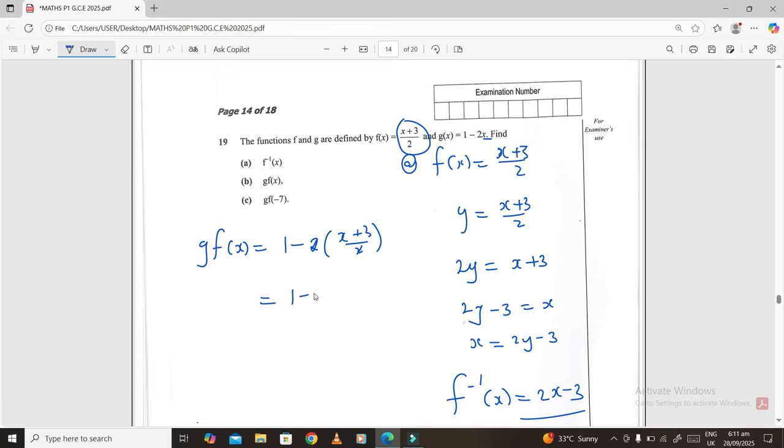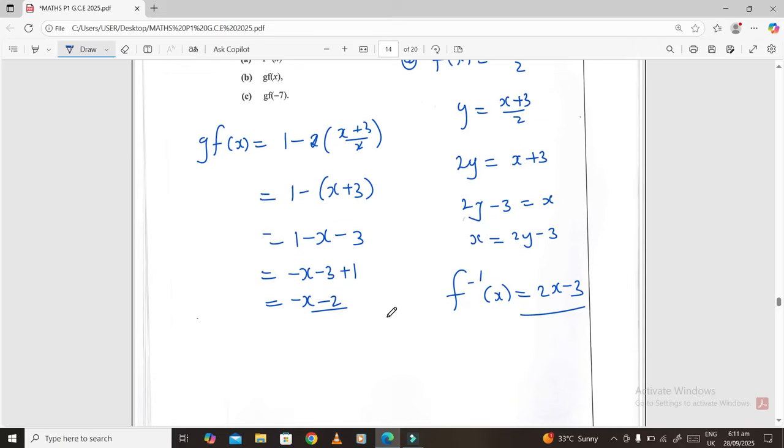We shall remain with 1 minus open bracket x plus 3. So here it's 1 minus x minus 3. We group the like terms. It will be minus x minus 3 plus 1, which is minus x minus 2. That's our answer.